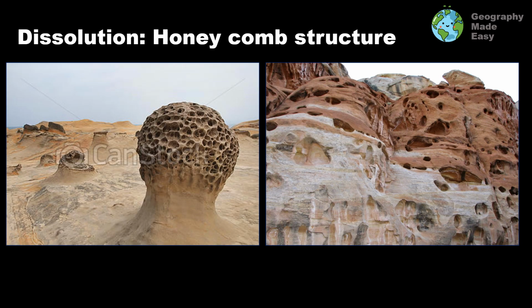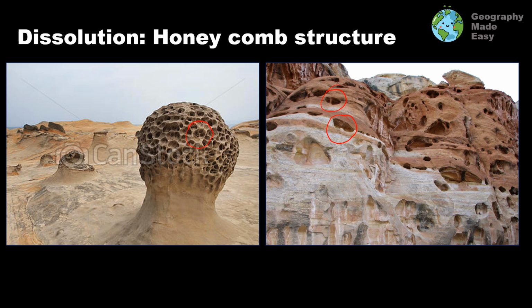One of the structures which can be commonly seen because of dissolution is the honeycomb structure. We have certain minerals in these rocks where rainwater has dissolved that rock, and now we see holes or the honeycomb structure which looks like a beehive getting formed. This kind of structure is sometimes seen because of the dissolution process.